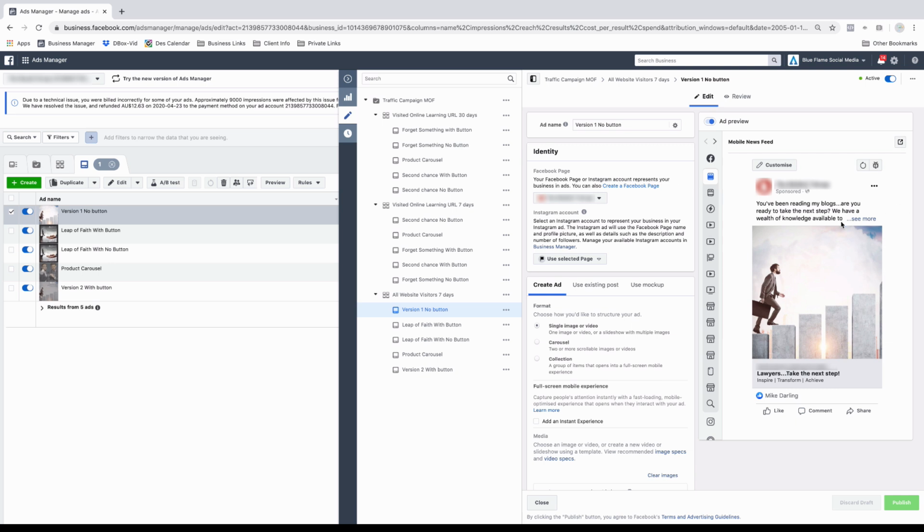So at top of funnel, the first ad I would have seen would have been a product carousel, what their products are. I haven't been reading their blogs. So the next message I get from them is about, you've been reading my blogs, and I haven't. So there's another issue that you can pick up straight away. The messaging needs to be concise and clear. When you're drawing up your funnel, make sure that you also draw up the messaging that's going to go in with that funnel.